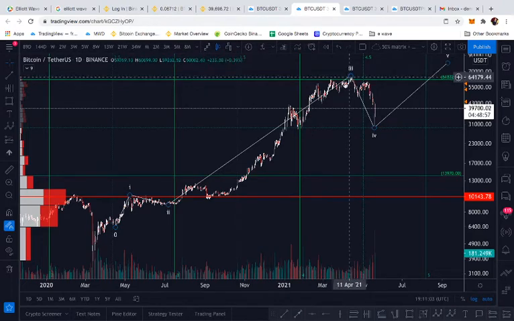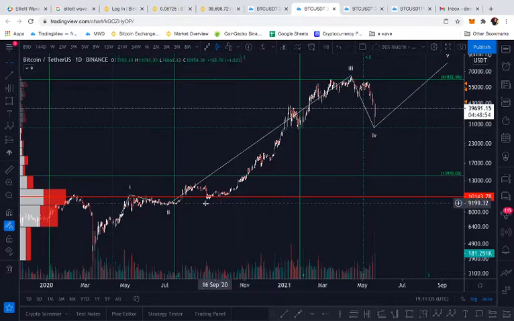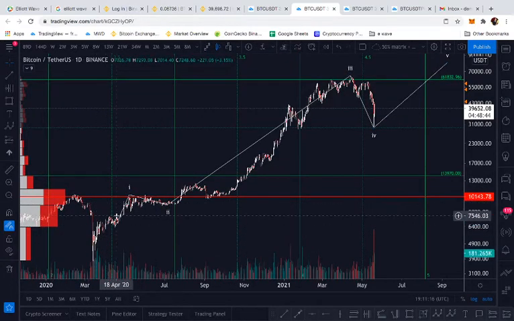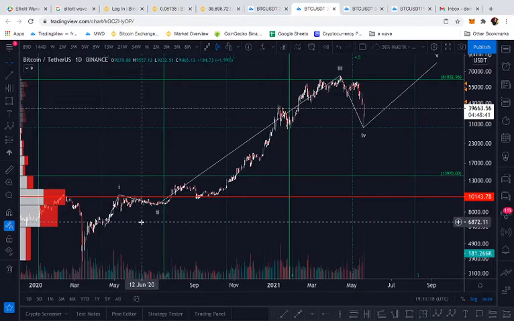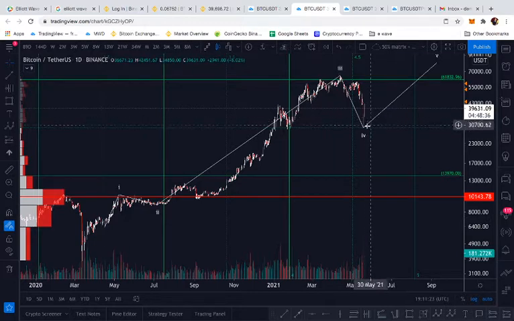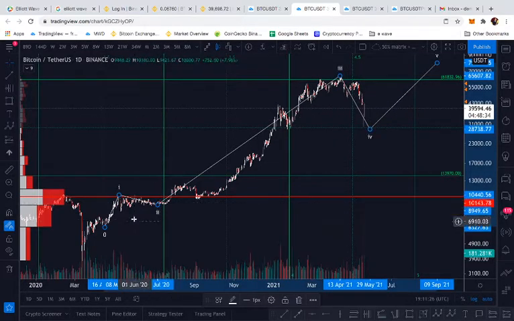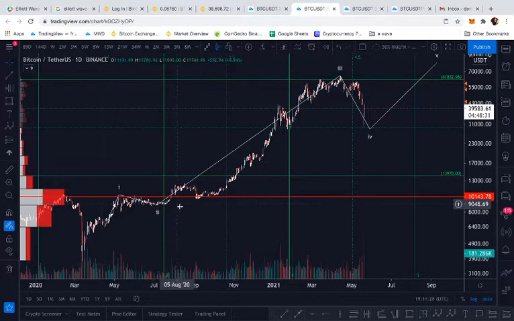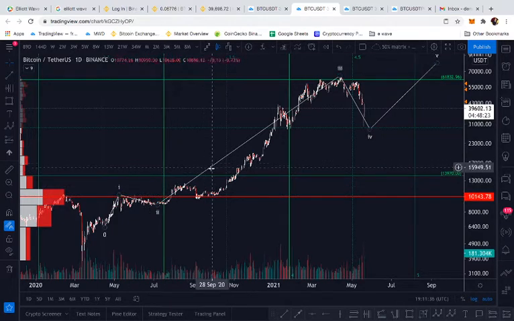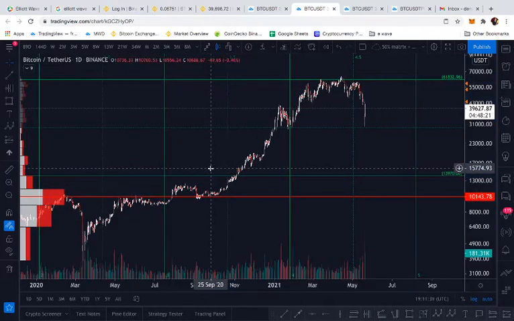It's kind of the same count as the third wave, but instead I have this as a 1, 2, 1, 2, because of the rule of alternation. As I looked closer into the details, I delete this, and I just want to look at this correction here.